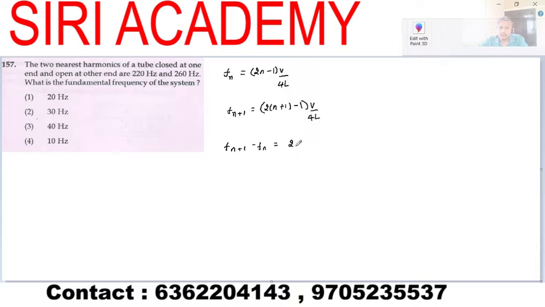So Fn plus 1 minus Fn is equal to (2 into (n plus 1) minus 1) minus (2n minus 1), into V by 4L, that is equal to (2n plus 2 minus 1 minus 2n plus 1) into V by 4L.